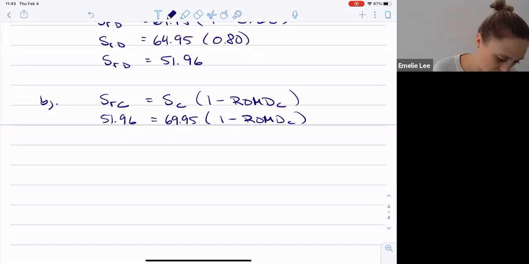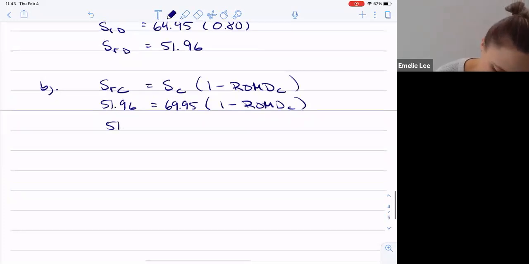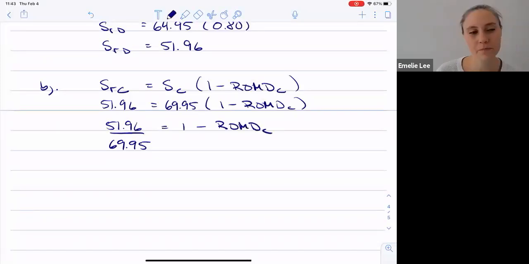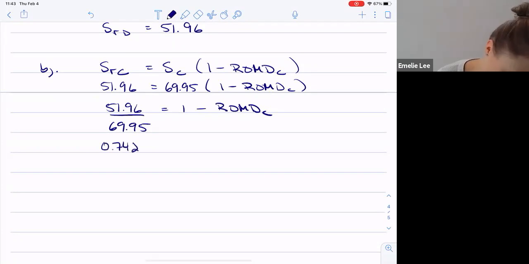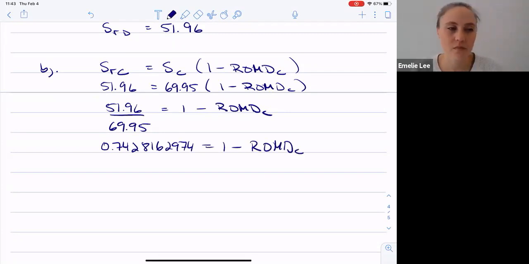51.96 divided by 69.95 is 1 minus the lambda for merchant C. So I get 0.7428162974 is equal to 1 minus the lambda for C. Making the switch here, we've done this quite a bit now, so I expect you to be comfortable doing that.